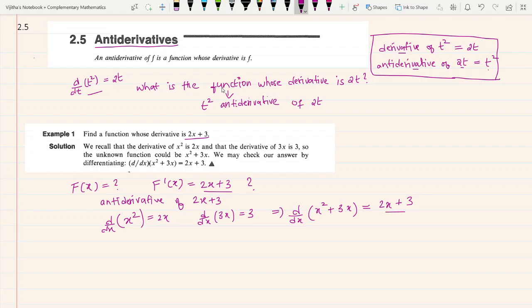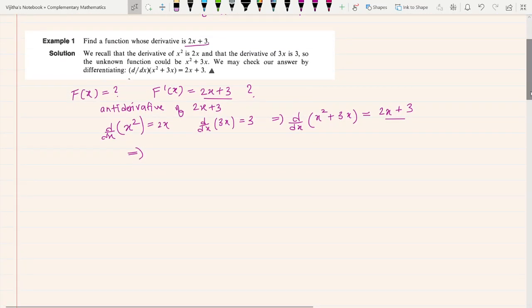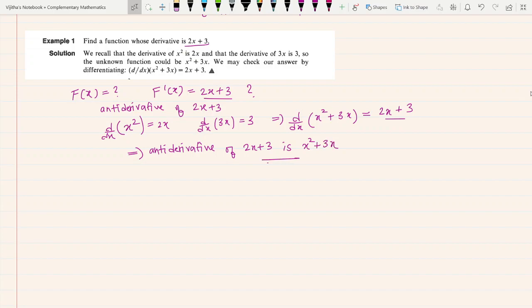So this implies that the antiderivative of 2x plus 3 is x square plus 3x. We can check by differentiating x square plus 3x and we will get that the derivative is 2x plus 3.